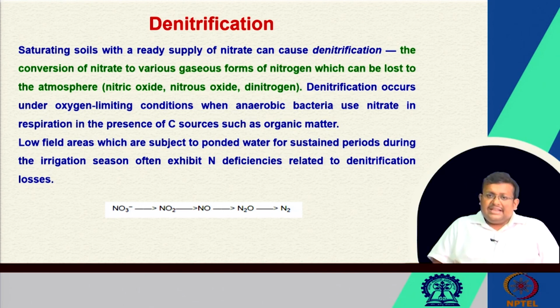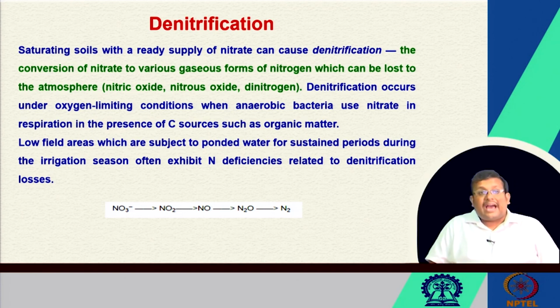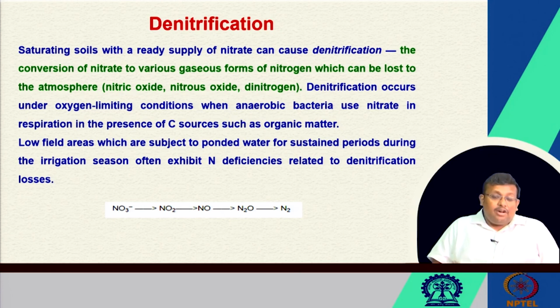If you see, the name itself suggests it is a conversion of nitrate to other forms. So, it is denitrification. Now, denitrification occurs under oxygen limiting conditions, as I have already mentioned, when anaerobic bacteria use nitrate in respiration in the presence of carbon sources such as organic matter. So, in the anaerobic condition there is no oxygen available for these bacteria.